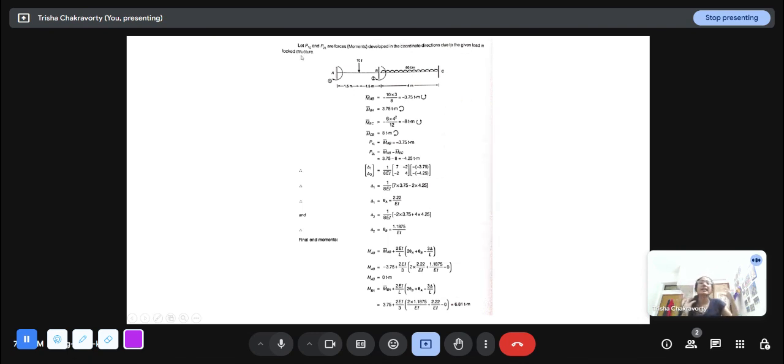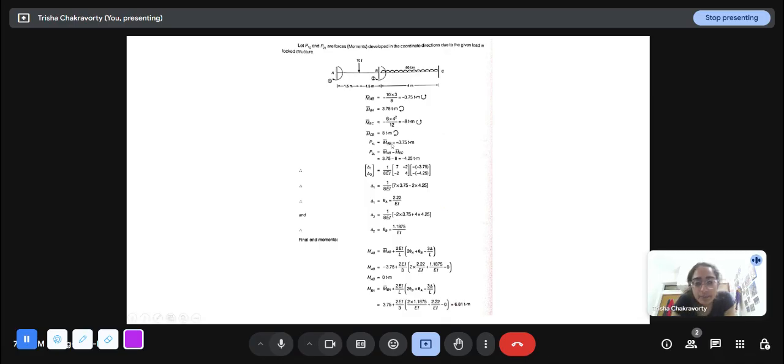So I want to find out the effective or net equivalent moment developed in A and B. So MAB bar is the fixed end moment that we have studied for slope deflection method, minus 10 into 3 by 8, that is minus 3.75, and MBA bar is the same as MAB, opposite sign, and MBC and MCB will be minus 6 into 4 square by 12 and 6 into 4 square by 12.